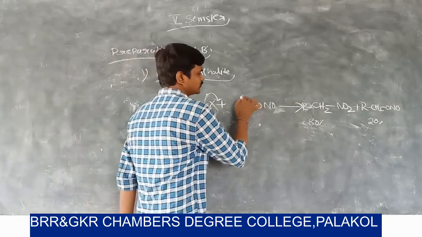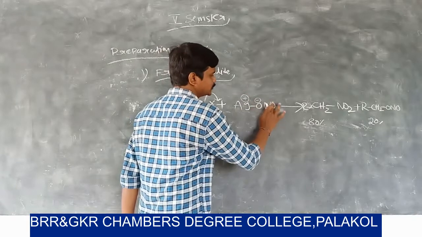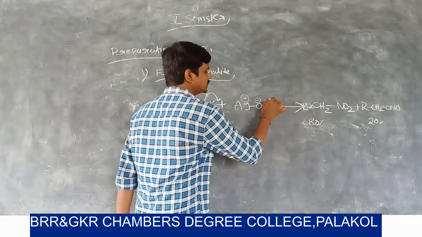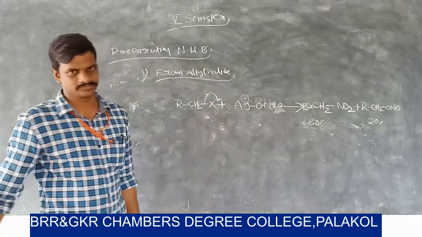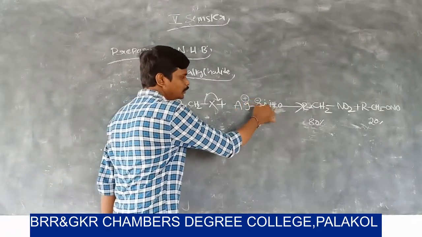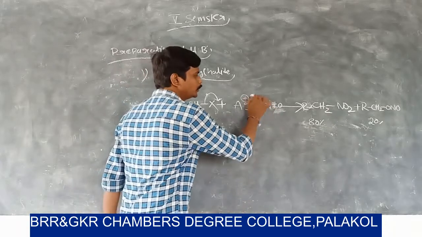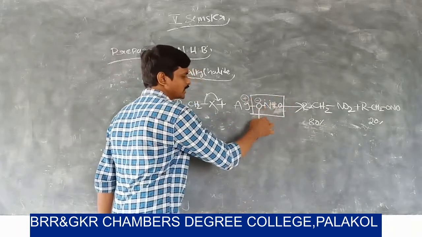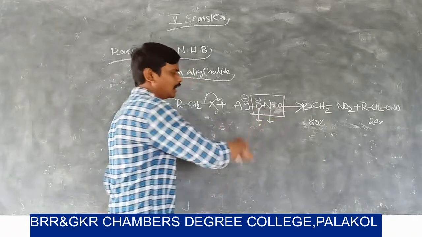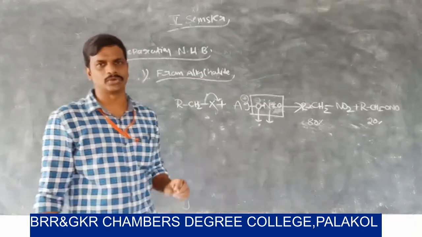In silver nitrite, Ag carries positive charge and oxygen carries negative charge, and nitrogen contains a lone pair of electrons. Here we have two nucleophilic centers in the nitrite ion: one is the oxide ion, another is the lone pair of electrons on nitrogen. So this is called an ambident nucleophile.